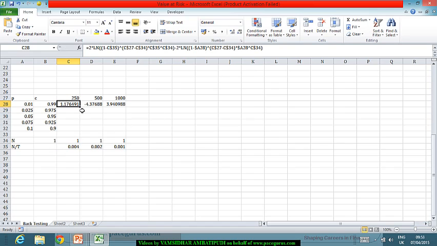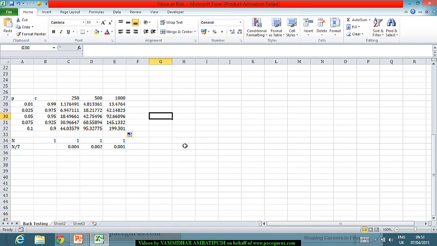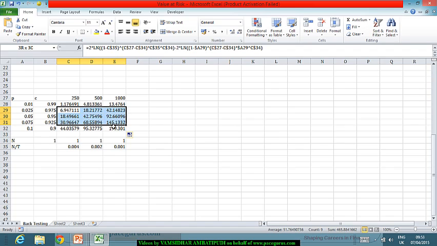If I'm dragging it across, I'm seeing these values. Now you could see if n is 1, these are the LR values. So wherever the LR is greater than 3.84, I can very well reject the model. So in all these cases, LR is greater than 3.84, which means I am rejecting the model.